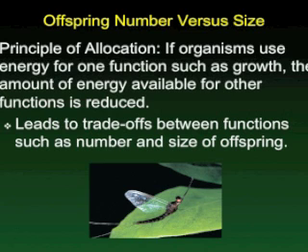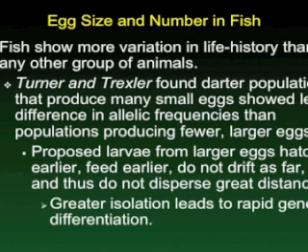So this leads to trade-offs between the number of offspring that are produced and the size of offspring that are produced. So in order to look at this, we'll go to a study that was done on darters.